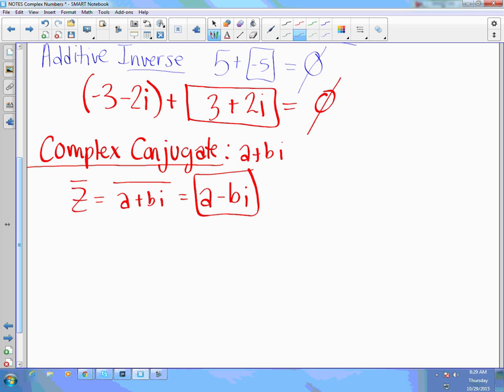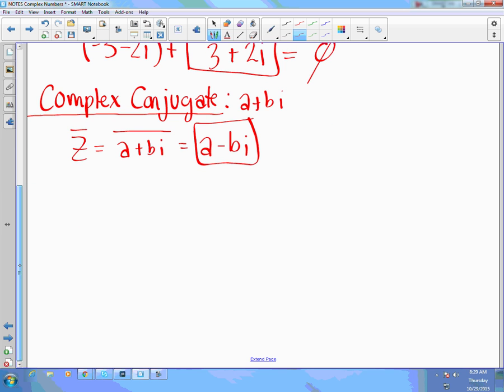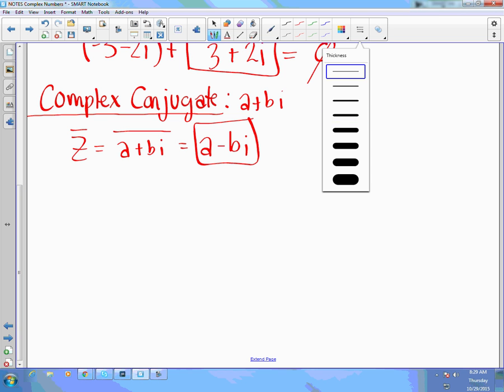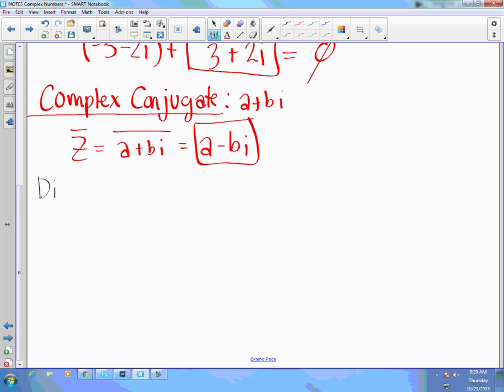That's the only difference. They don't both change signs, just the operation in the middle changes signs. And we need that in order to answer division problems. What is the example on? 9? Thank you. Dividing complex numbers.